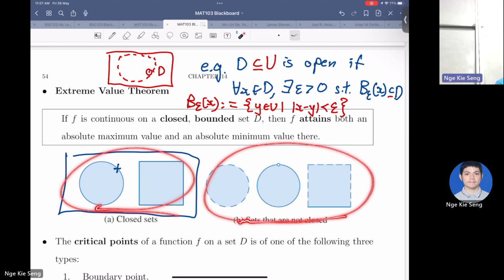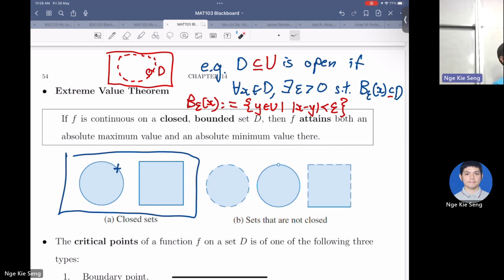So you think there's a problem with the definition? Let me think. Closed is not open, I think it's correct. Wait, let me think. It's a complement of a... so I would say that this is open, right? So by definition, just now this is open. What's this dot? What's this line here?